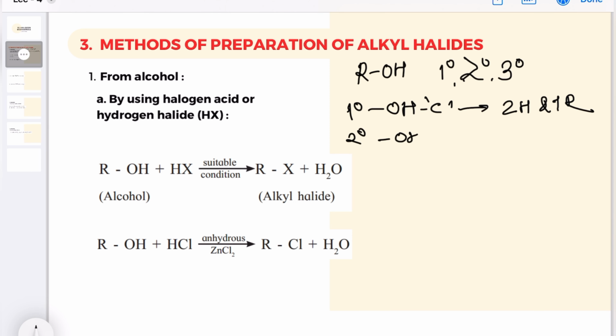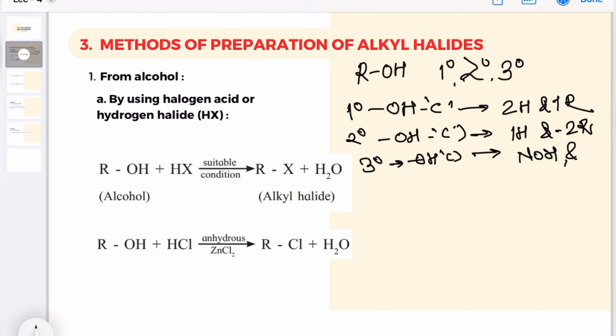Secondary alcohol means the OH group attached carbon contains 1 hydrogen and 2 R groups. And in tertiary alcohol there is no hydrogen and 3 R groups.